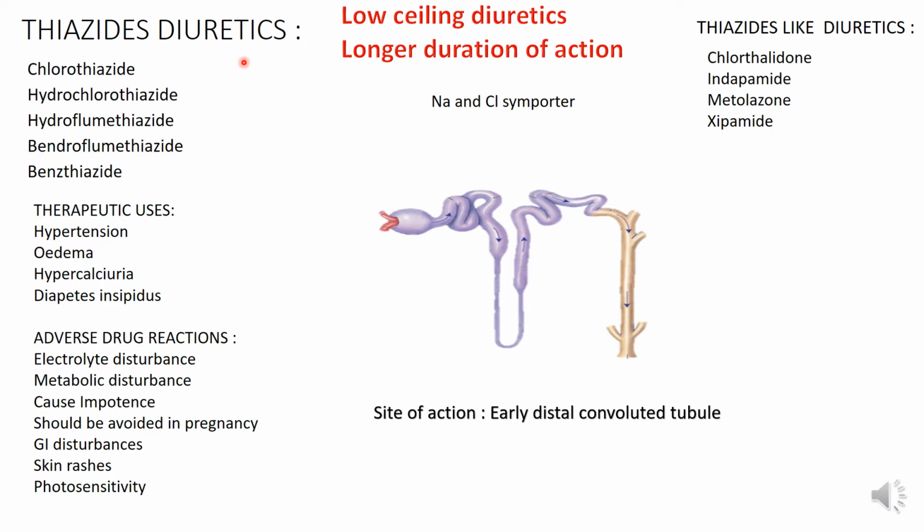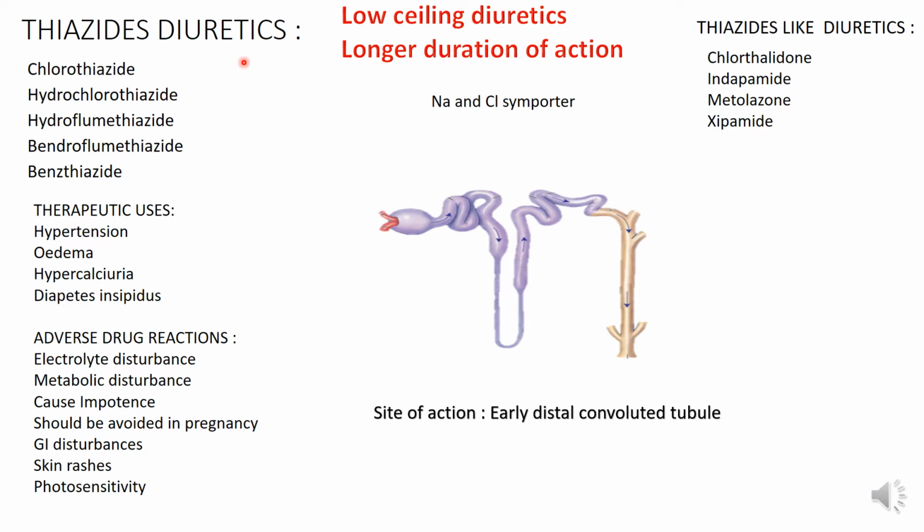They reabsorb calcium from the tubular lumen, so they are used to treat hypercalciuria. You don't have to confuse the words hypercalcemia and hypercalciuria. Hypercalcemia is an increased calcium level in the blood, whereas hypercalciuria is an increased calcium level in the urine.